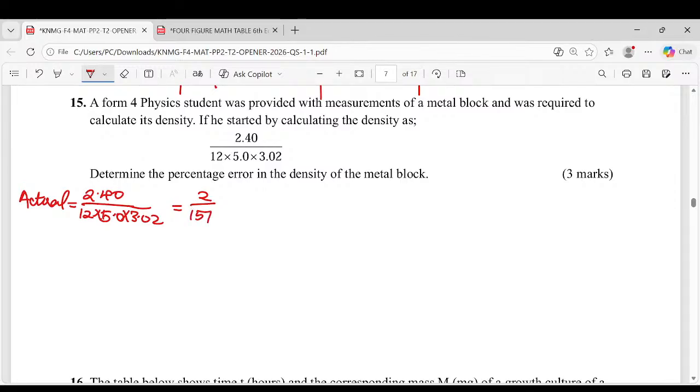Then after that, let's get what is called the maximum density. For density to be maximum, the numerator should be bigger and the denominator should be lower. Maybe let's get the limits. 2.405.